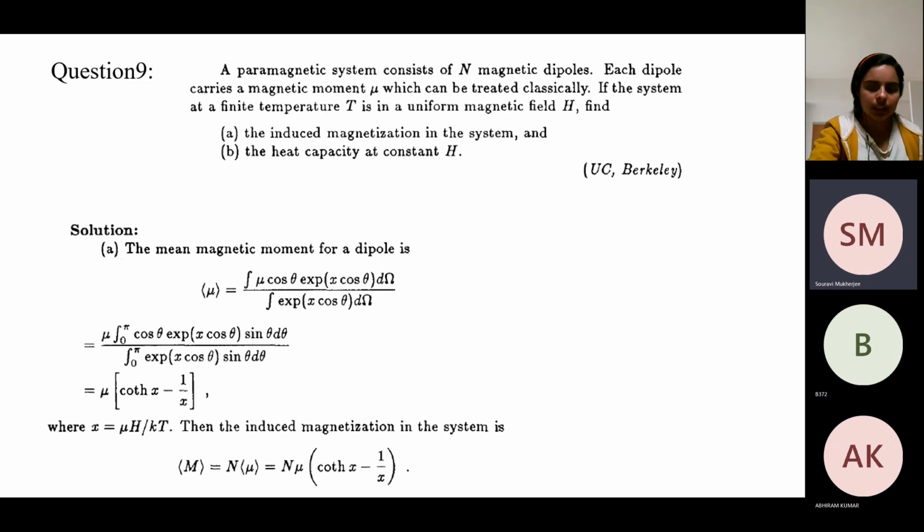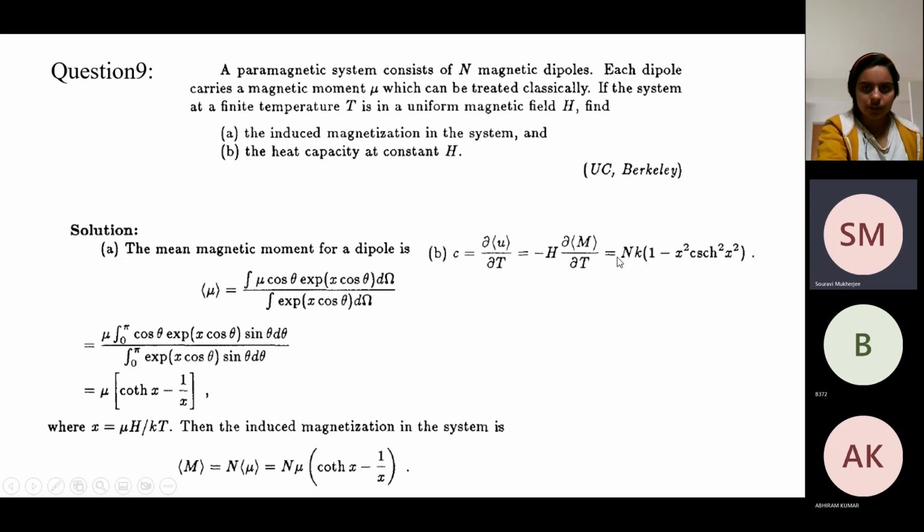Yes, ma'am. Okay. And then when you have to find heat capacity at constant H, here what you do is you take the derivative with respect to internal energy, and this is the expression that you see. In a hydrostatic system, we define the heat capacity in terms of pressure and volume, and it has enthalpy.